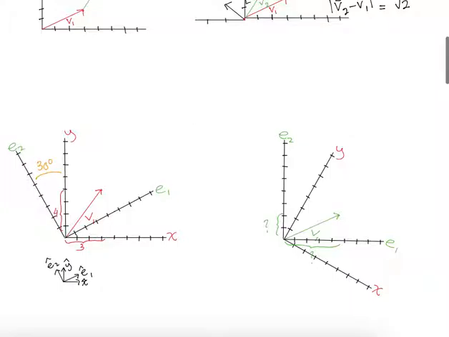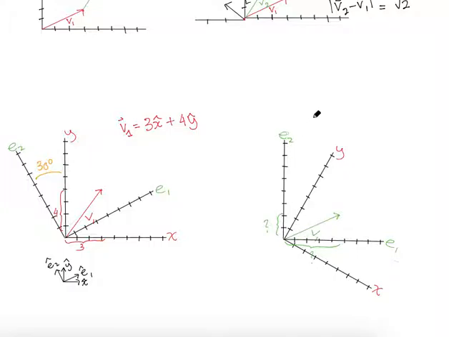So we have to investigate how this vector 1 is being represented in the xy space. v1 is equal to 3x hat plus 4y hat. But just as I said, x and y is not exactly a special direction.